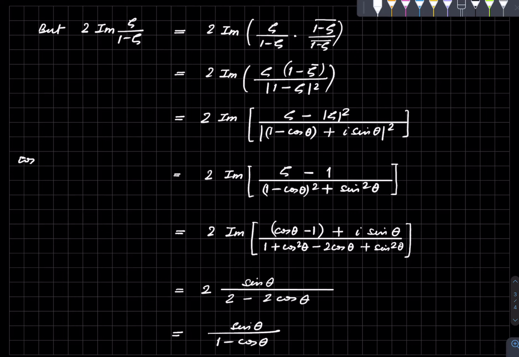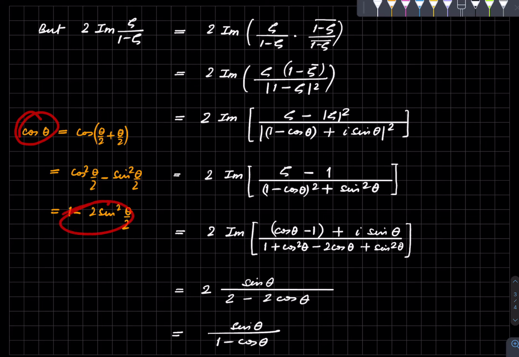So cos theta is cos of theta by 2 plus theta by 2, which is equal to cos square theta by 2 minus sine square theta by 2, which is equal to 1 minus 2 sine square theta by 2. So this is the formula that we will use.